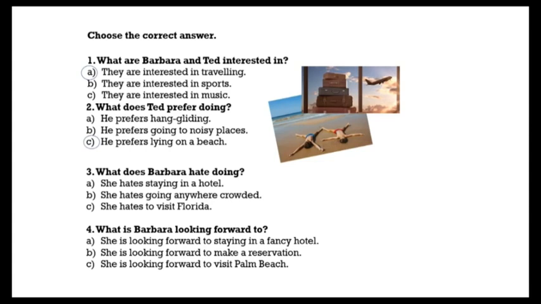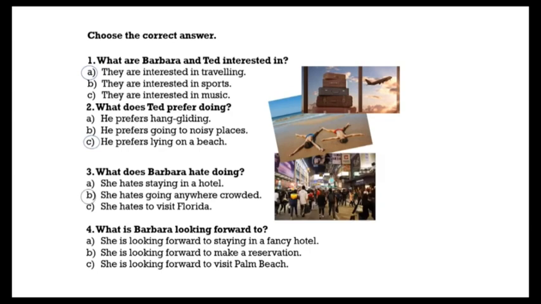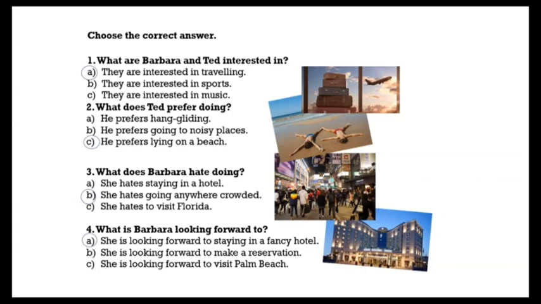Number three, what does Barbara hate doing? She hates going anywhere crowded. Correct. What is Barbara looking forward to? She is looking forward to staying in a fancy hotel. Perfect.